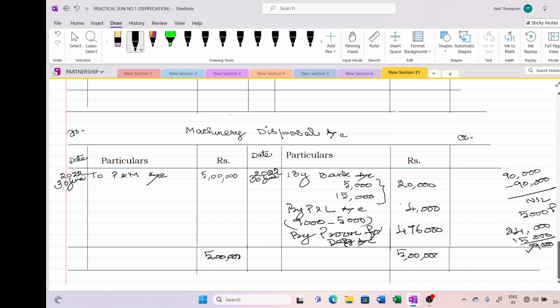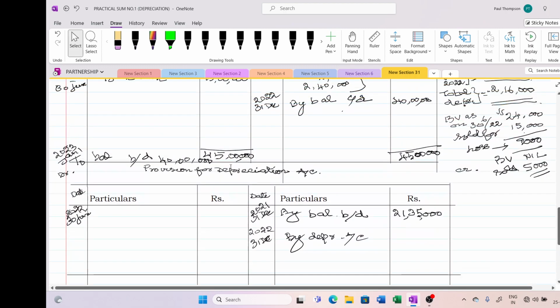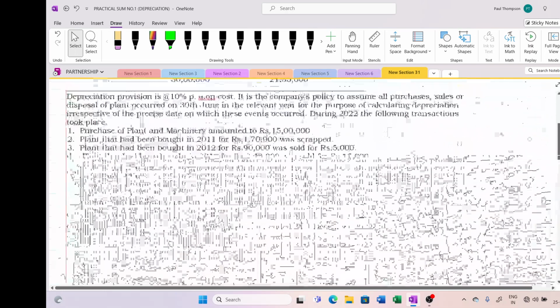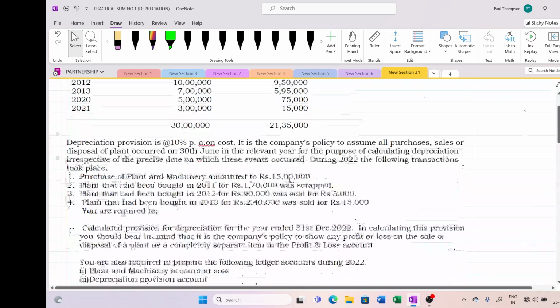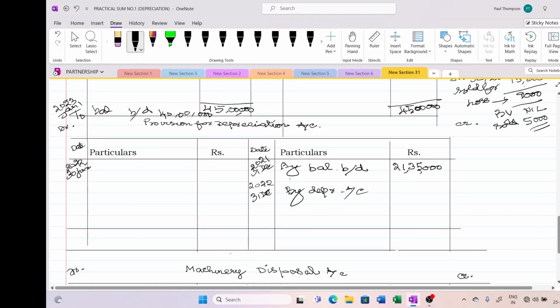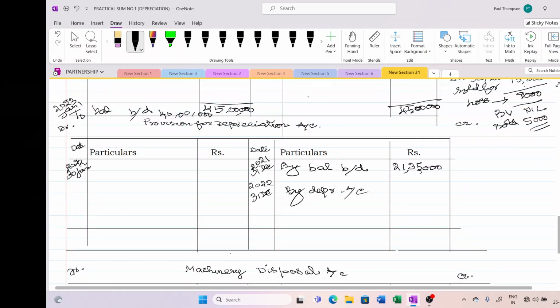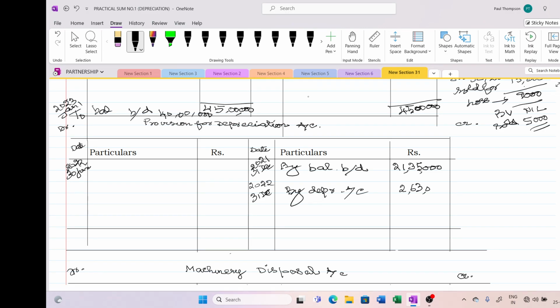5 lakh. Okay. Now coming to the provision for depreciation. They have given you 21 lakh 35,000. This is the opening balance. During the current year, we have already calculated 2 lakh 63,000 for the current year. So the total comes to 23 lakh 98,000.